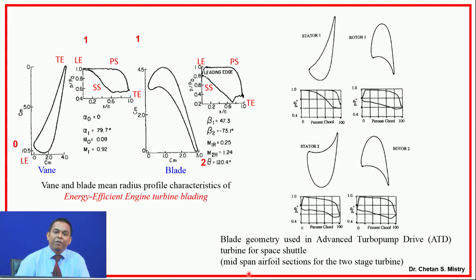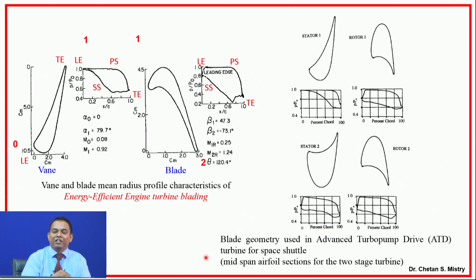Now, these days people are talking about special designs in which they initially define the CP distribution, and based on that they design their profile. Up till now, people did their experimentation on cascades and found their CP distribution from that.